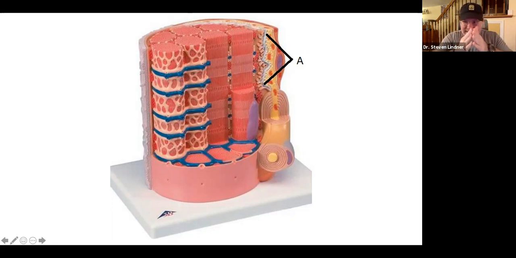And that space between it is called the synaptic cleft. So it is the junction between the nerve and the muscle, the neuromuscular junction. And the gap of that is the synaptic cleft.